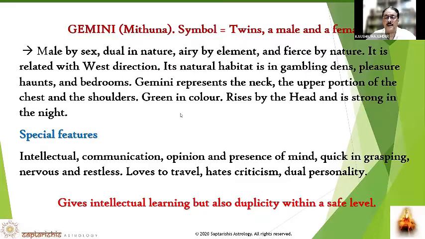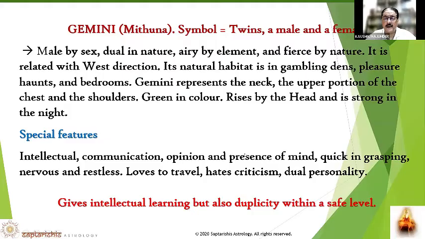So you have to understand that the body portions indicated here will be very important when we will be doing medical astrology. Colors will be extremely important in deciding the remedies.